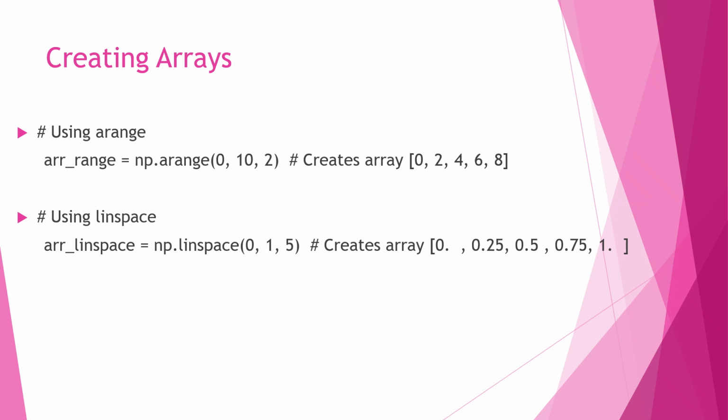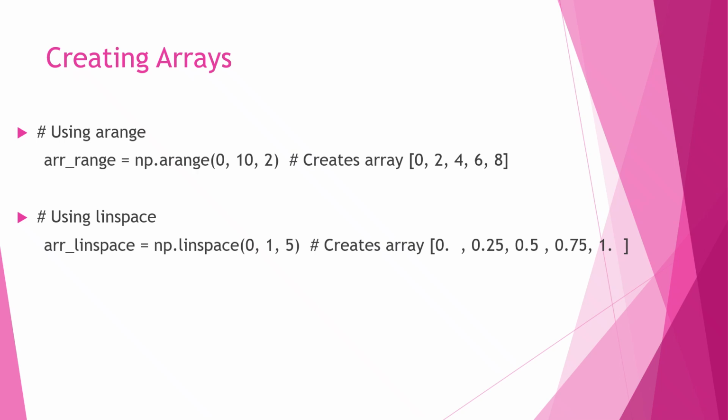We also have a function called arange to display evenly spaced integers. For example, here we start with 0 and go up to 10, but the numbers should be printed evenly with a step of 2, that is 0, 2, 4, 6, and 8.